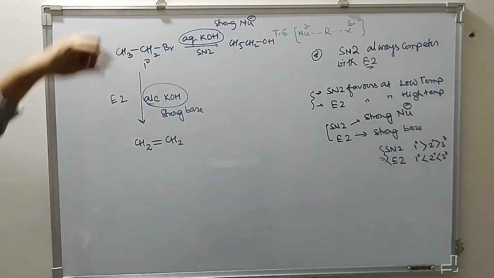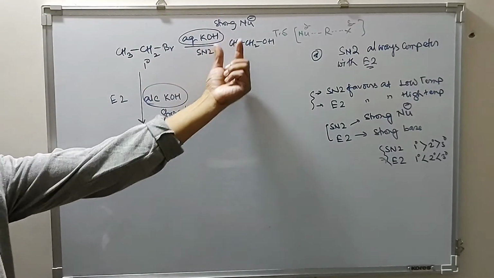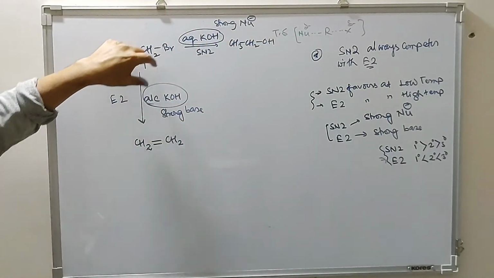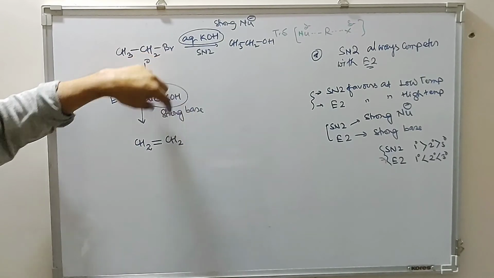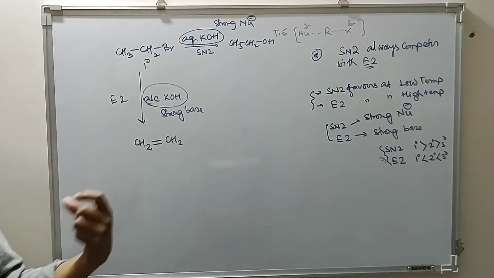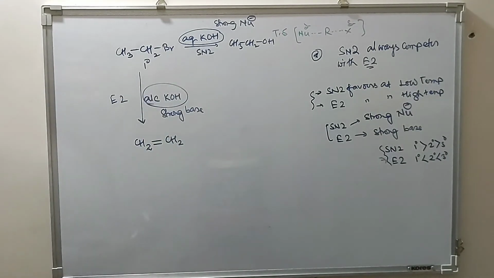So the reactant and reagent are the same, but in one case we are increasing the nucleophilic character, so SN2 is favored. In the second case we are increasing the basic character, so elimination is favored. So by changing the reaction condition we can change the outcome of the reaction.